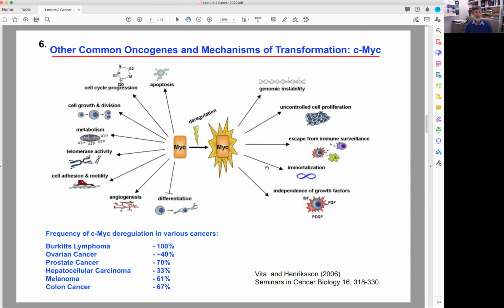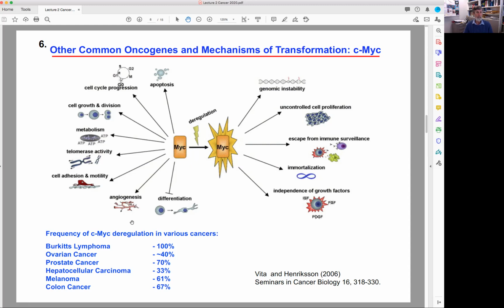And as I also said, we'll talk about that a bit more later. And it can also cause the cells to grow independent of growth factors. That's because MYC is downstream of the growth factors, so you're stimulating the pathways promoting cellular growth downstream of the growth factors, so the growth factors are no longer required to stimulate the growth of the cells.